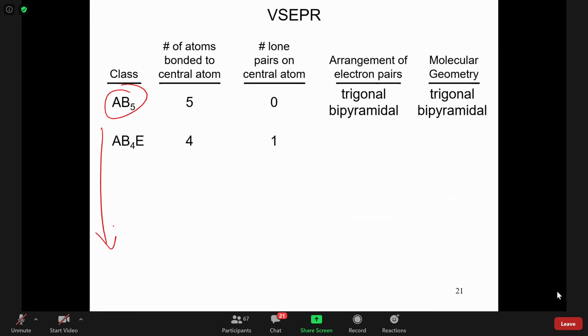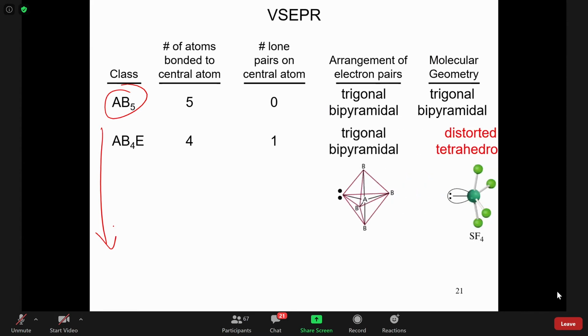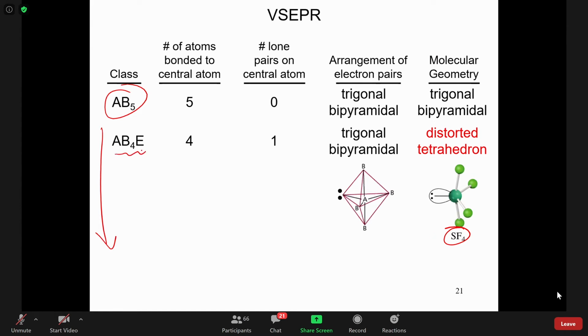So what's some example of where we have 4 bonds and 1 lone pair of electrons? Well, that could be something like SF4. And if we consider that in total, this has 5 things around it, 4 bonds and 1 electron pair, well, it's going to be trigonal pyramidal.